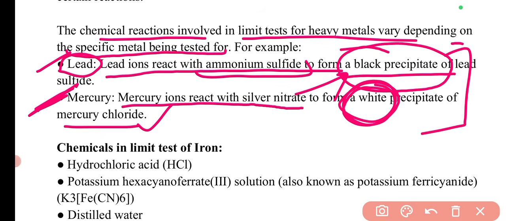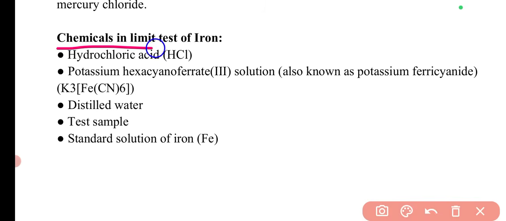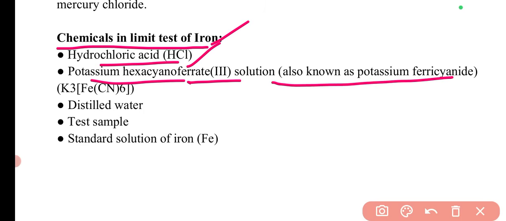Now we can move to the next part, that is the limit test of iron. In limit test of iron, we have different chemicals. Hydrochloric acid will provide the acidic environment. Potassium hexacyanoferrate 3 solution, also known as potassium ferricyanide, is used as a reagent for this particular test. Or we can say thioglycolic acid.